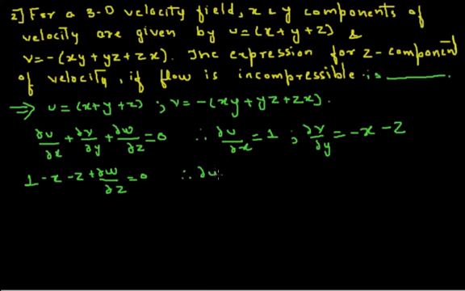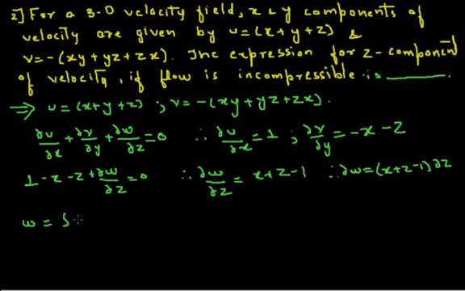Therefore del w by del z is equal to x plus z minus 1. So taking dz on one side, we get del w is equal to x plus z minus 1 into del z. Integrating this equation we would get w is equal to the integral of x plus z minus 1 with respect to z.